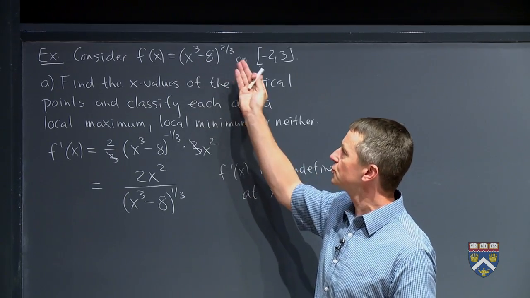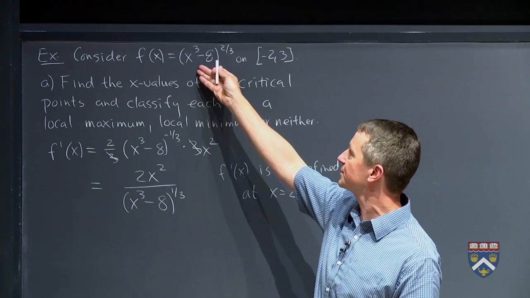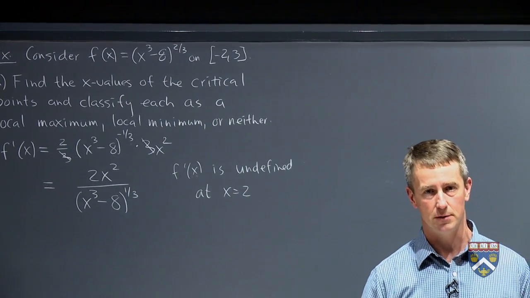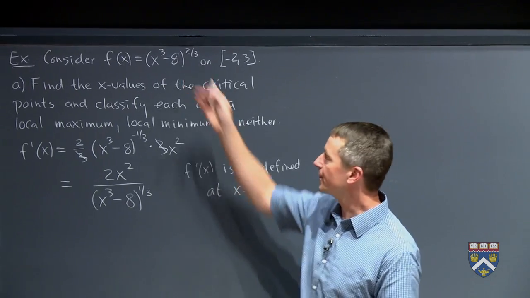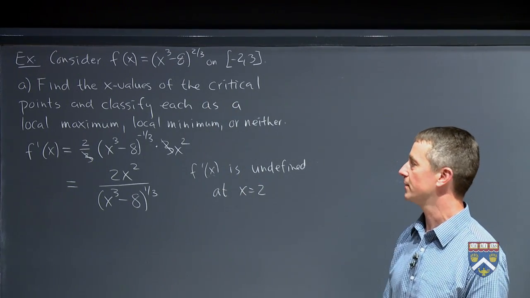But at x equals 2, nothing unusual happens. I get 2 cubed, which is 8, minus 8, I get 0. And 0 to the 2/3 power, that's 0 to a positive power, that's just 0. So nothing strange is happening to the function f, but the derivative is undefined at 2.